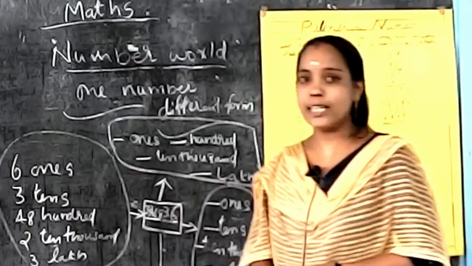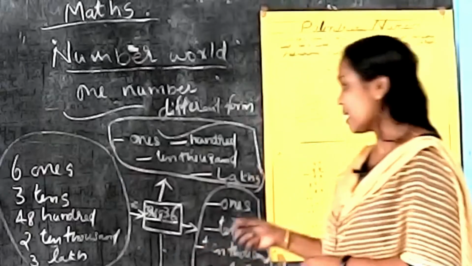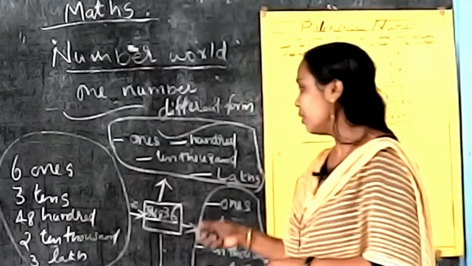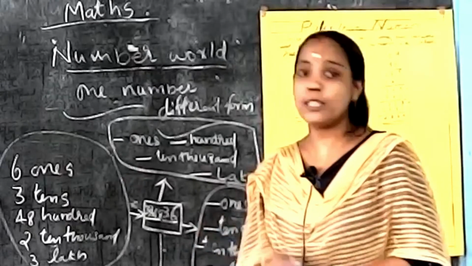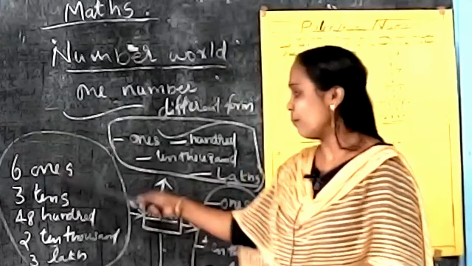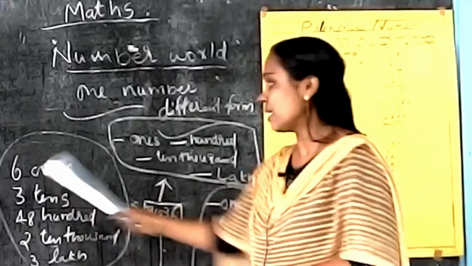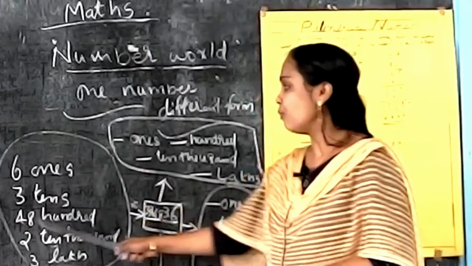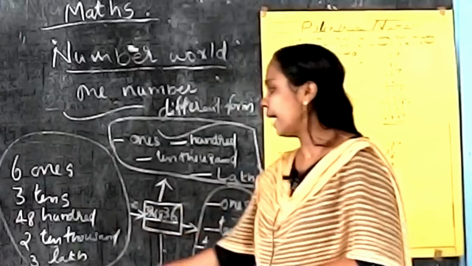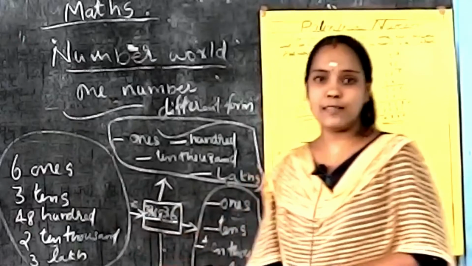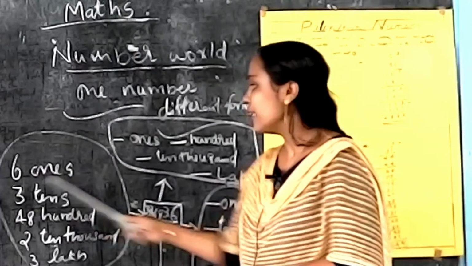3,24,836. What is the number? How can we read it? 3,24,836. Which box is given? One box is given. What is the arrangement of that number? 6 ones, 3 tens, 4,800, 2 10,000s and 3 lakhs.